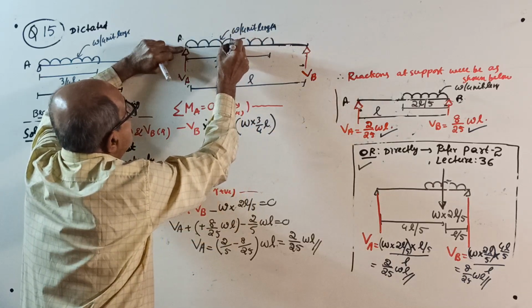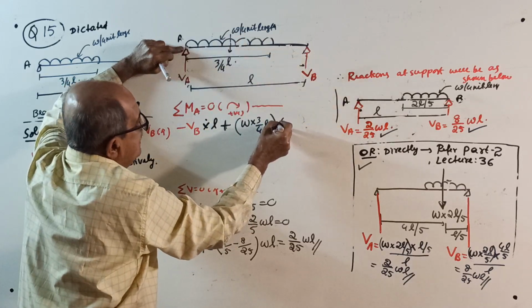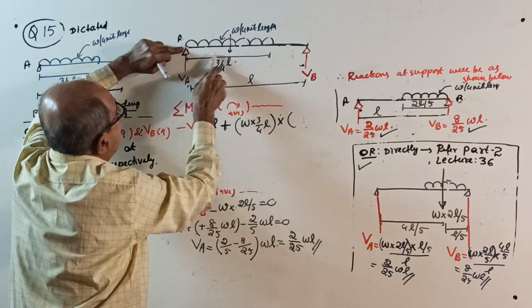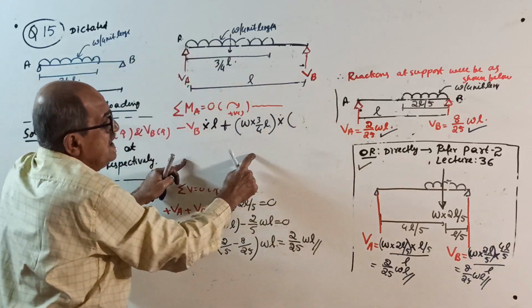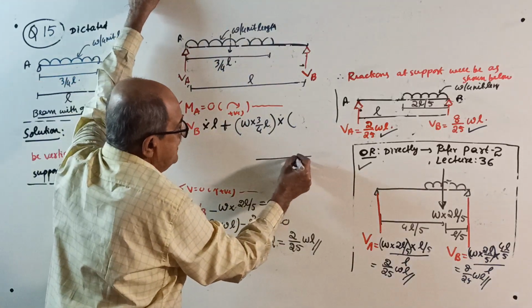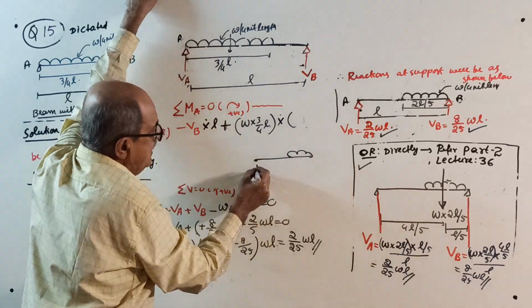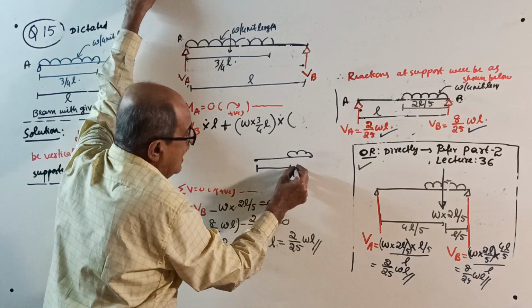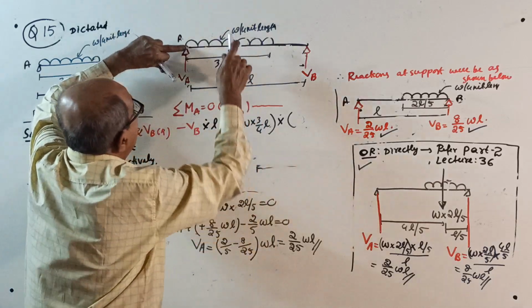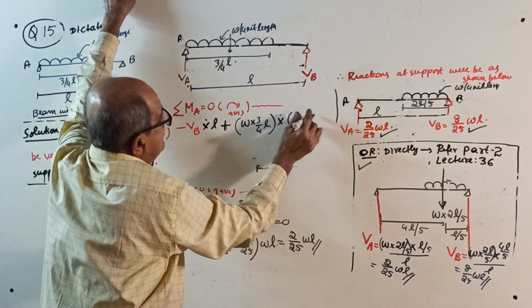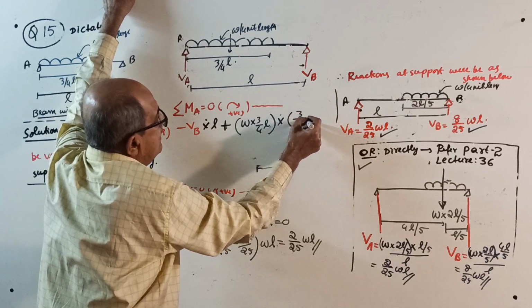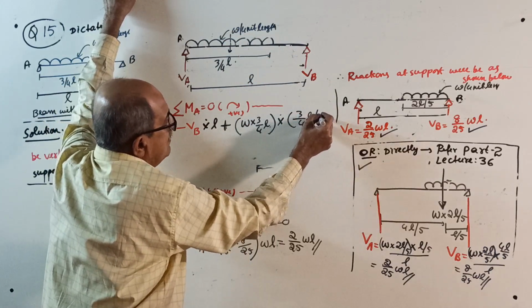See, the total load will act here multiplied by half of that. Last time, see, something plus something. When the UDL is that side, when you take moment, it is something plus half of the loaded length. Now directly, half of the loaded length, 3/4 L divided by 2.